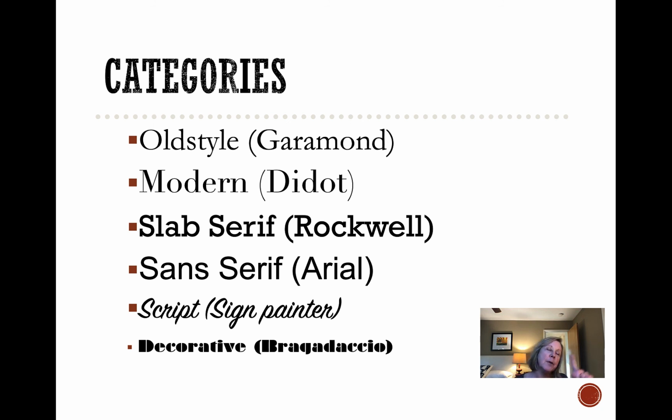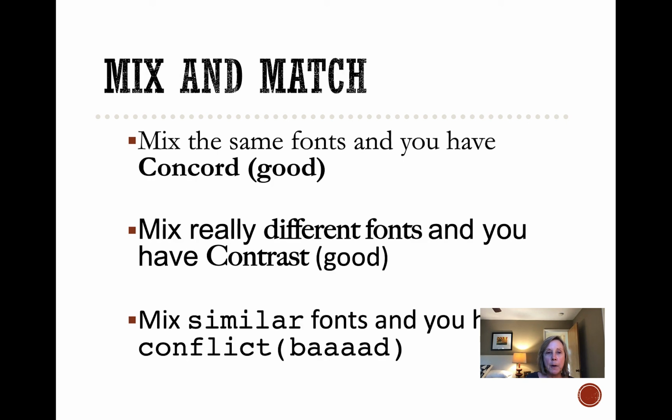Well, those different versions also happen in type families. So when you have a boldface version, you have Arial Bold, Arial Heavy, Arial Regular. Those are all different versions of the family of Arial. Same with Didot, same with Rockwell.